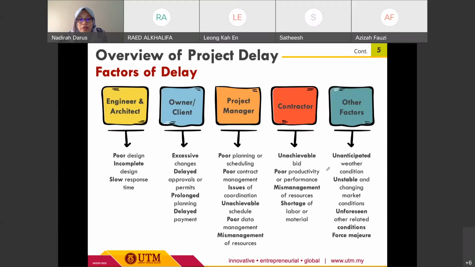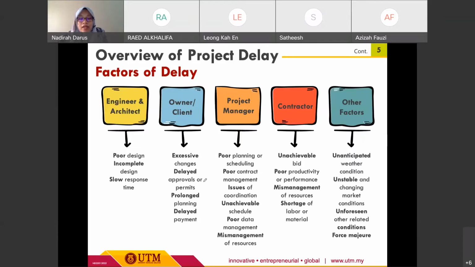They request additional things, they are focused on what they want, and they keep on asking for changes. So excessive changes will for sure affect the progress of work, and in the end it will cause delay.